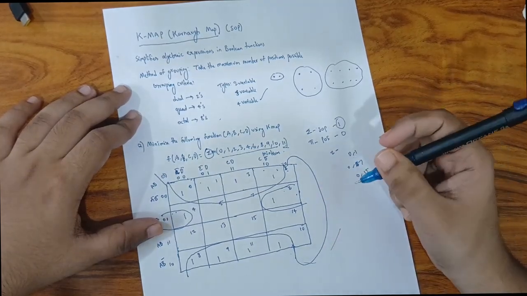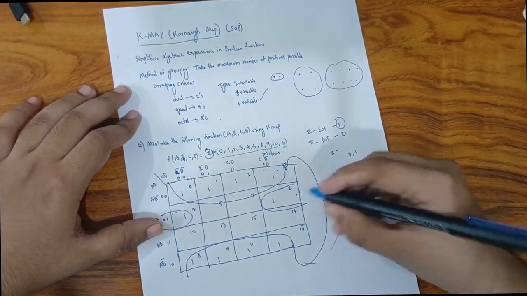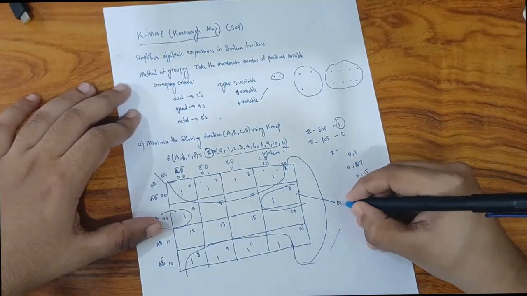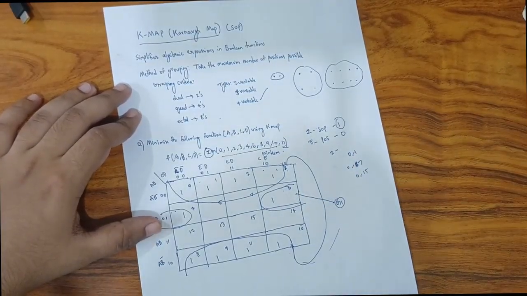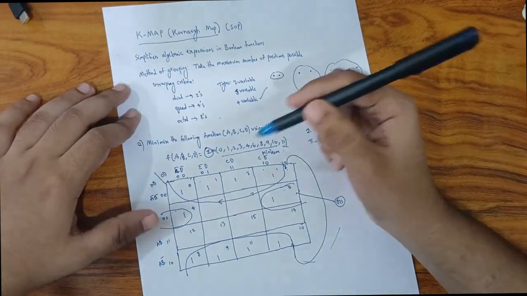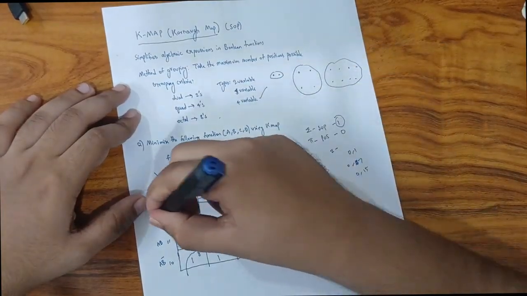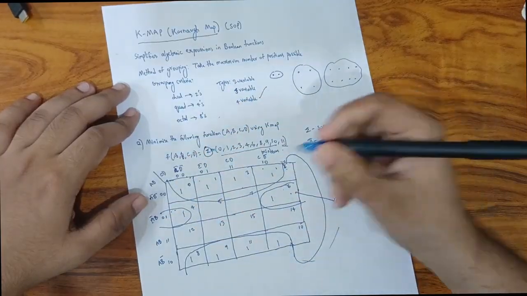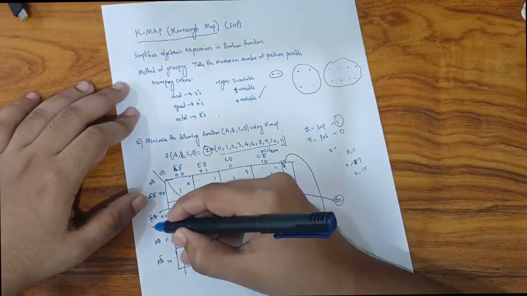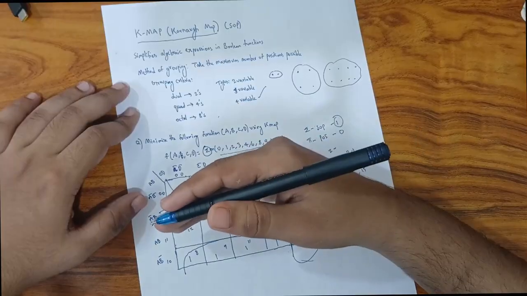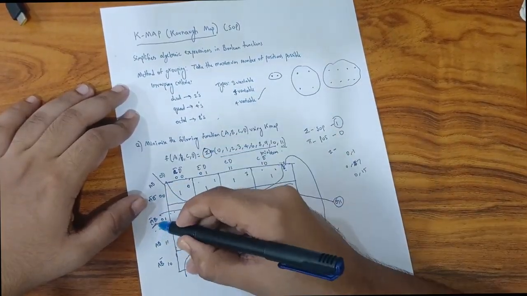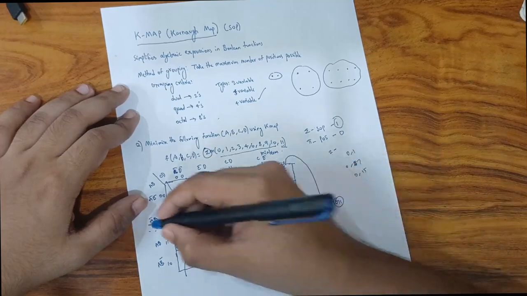Now let us form the SOP equation. We have two groupings right now. Let us consider this as group 1. In group 1, we got this mapping and this mapping. What we have in common here is A bar B, because they're both on the same row.